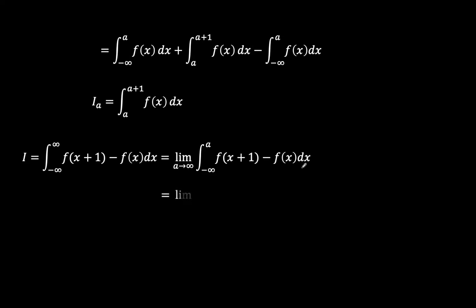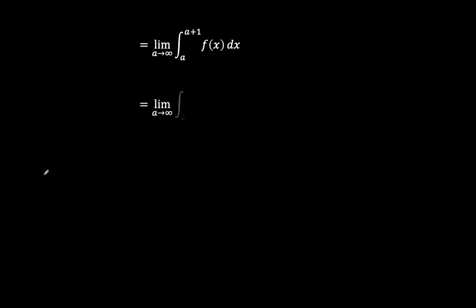But we've now realized that this I_a is the same as the integral of f(x) from a to a plus 1, with a tending to infinity, therefore meaning that this expression is the same as our original expression, I.